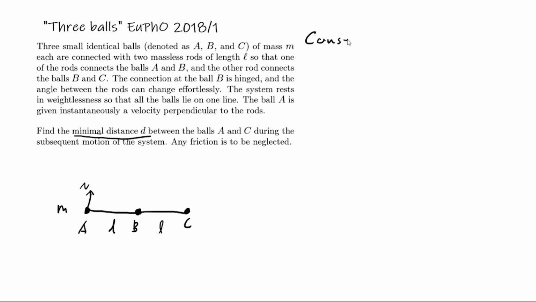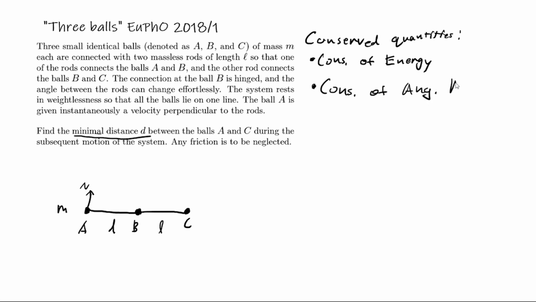So let me write out the conserved quantities, and I'll list them here. The first one, from that frictionless condition, is conservation of energy. And since there are no other external forces acting on it, we have conservation of linear momentum.